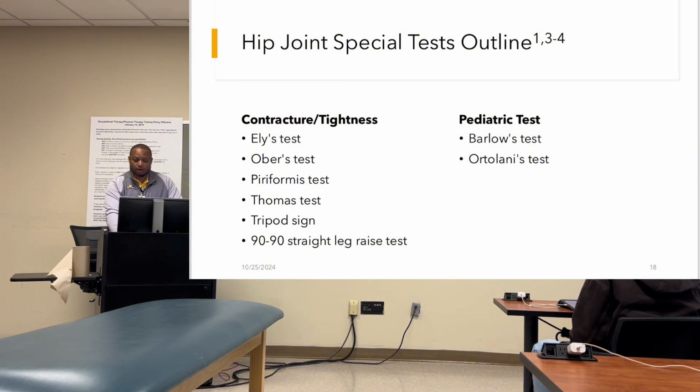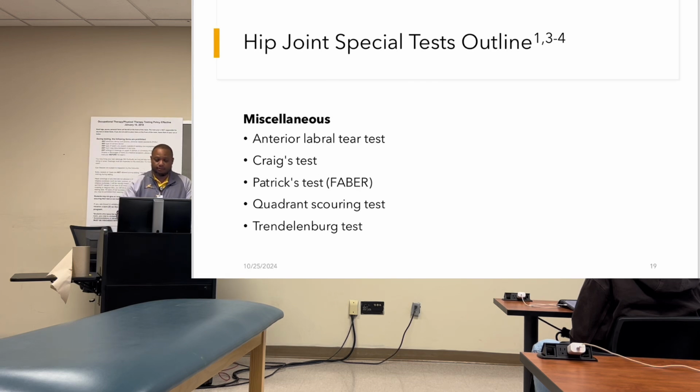Pediatric tests: Barlow test and Ortolani test. We go through those in ortho and you go through those in pediatrics as well. And miscellaneous tests, like your anterior labral tear test, Craig's test, Patrick's test, which is sometimes referred to as FABER, the quadrant scour test, and the Trendelenburg test. We'll be going through those in lab.